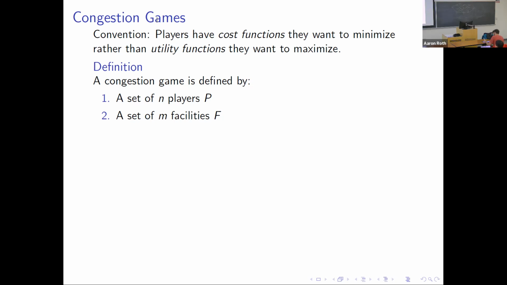In general, this can be just some abstract set of m things, but to keep something concrete in your mind, if you're thinking about a traffic routing game, think about the facilities as being the individual roads in the road network. So the set of facilities might be the set of edges in this graph.